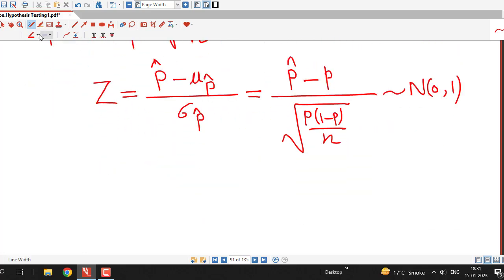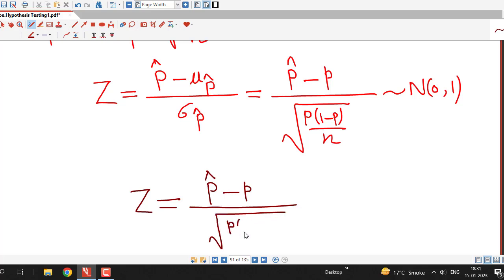So this is going to be the test statistic for hypothesis testing about population proportion. We will remember this: Z equal to p hat minus small p divided by the square root of p times 1 minus p divided by n.